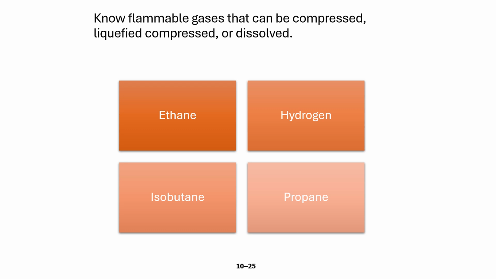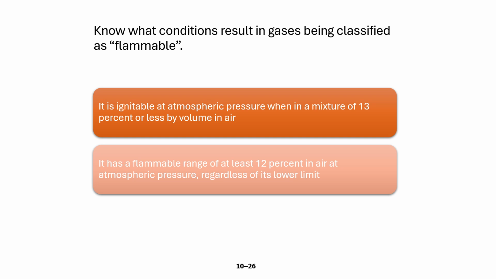Flammable gases can be compressed, liquefied, or dissolved. Examples include ethane, hydrogen, isobutane, and propane. NFPA 55 and the IFC classify a gas as flammable when it meets either of the following conditions.